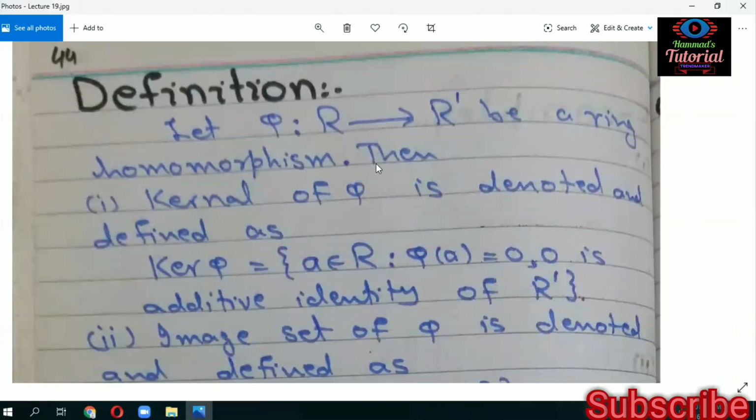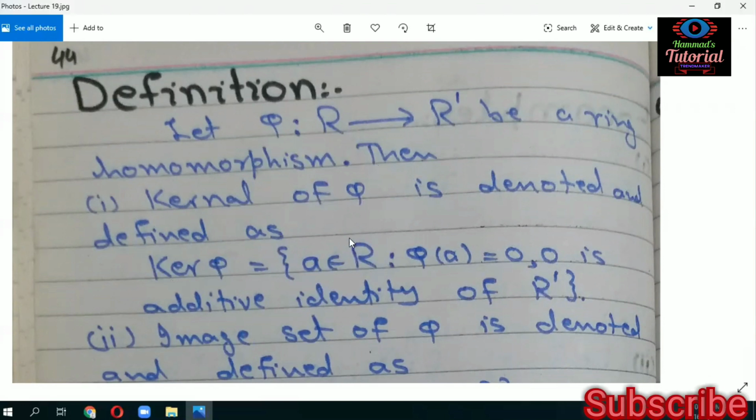Next, we have the definition of the kernel of a homomorphism and the image set of the homomorphism. Let phi from R to R dash be a ring homomorphism. Then the kernel of phi is denoted and defined as the set of those elements of R whose image is the additive identity of R dash.